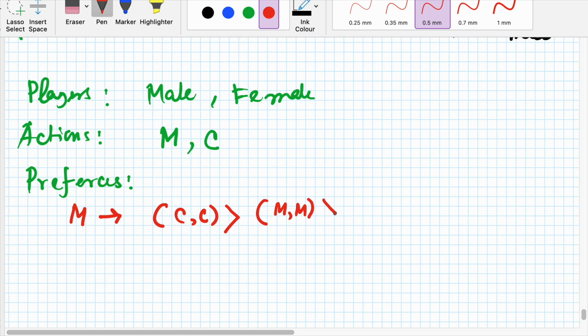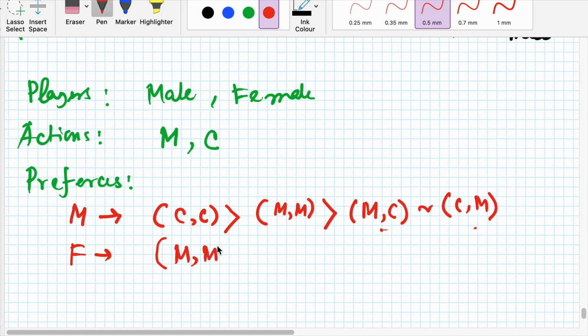Going separately, one to the concert and the other to cricket, is equally bad. From the female perspective, the first preference is going to a musical concert, then both going to cricket. The least preferred is both of them going separately.